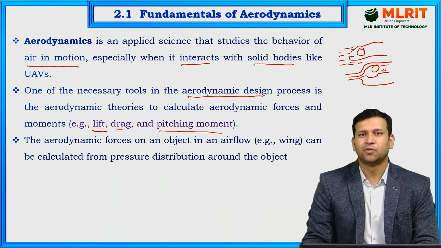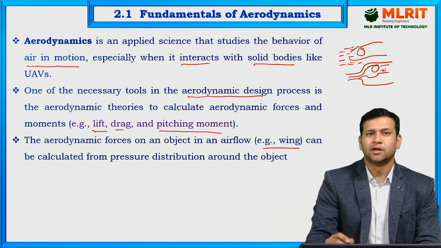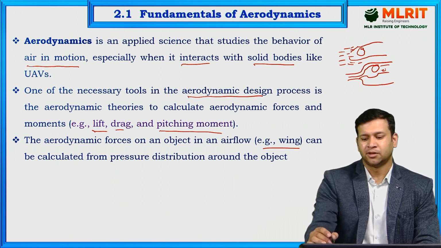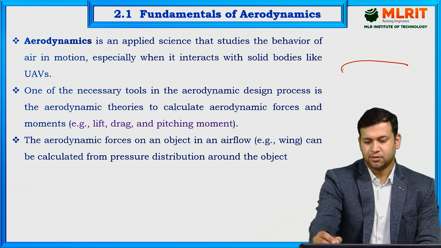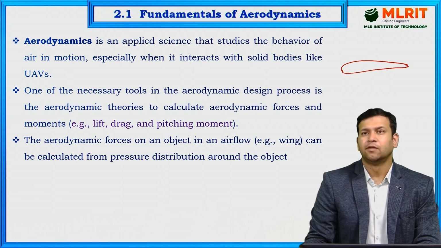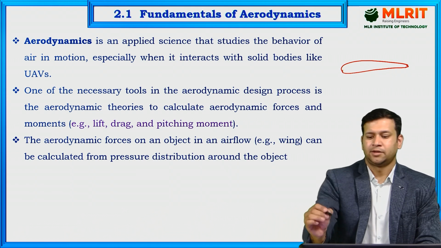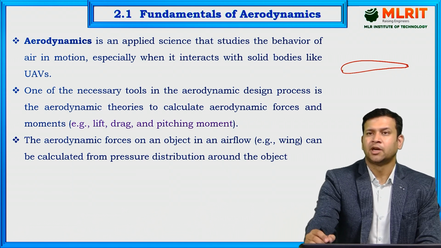The aerodynamic forces on an object in an airflow, for example a wing, can be calculated from the pressure distribution around the object. For example, let's assume this is the wing, the cross section of the wing, a 2D component looking like an airfoil.